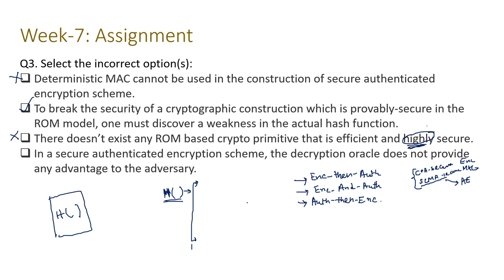So there is nothing called publicly secure. Everything is public, apart from the secret key or anything that is mentioned as secret in a crypto primitive.